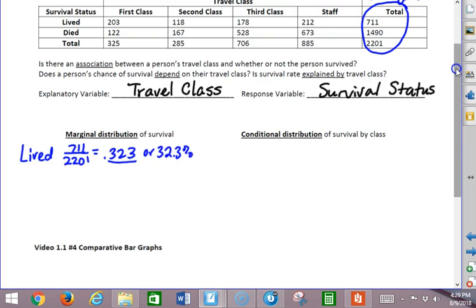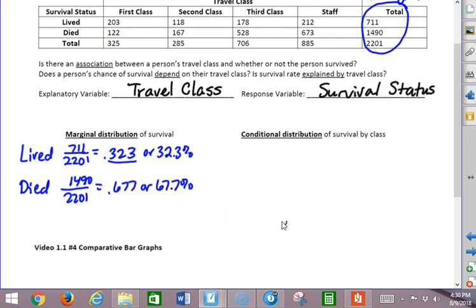So died would be 1490 out of 2,201, which is 0.677, or 67.7%. So notice I'm using 3 significant digits, so if you turn it into a percent, don't round it to a whole percent, leave 1 decimal place like that.